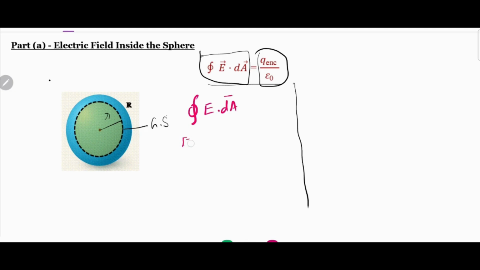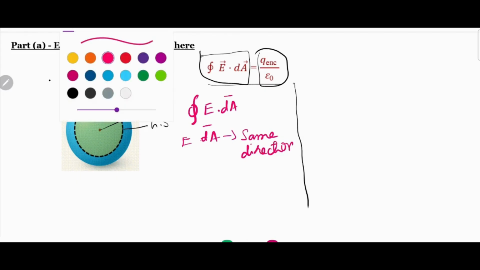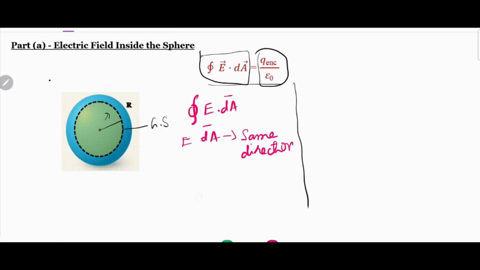Here E and the small area element are both in the same direction. Why? Because if we consider a small area here, this is dA, its direction will be like this, and the electric field direction is also like this. So both are in the same direction.